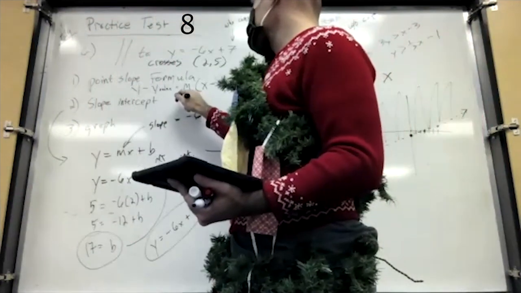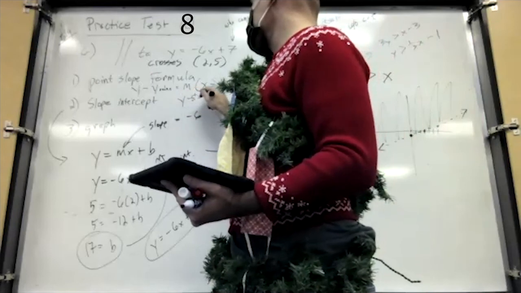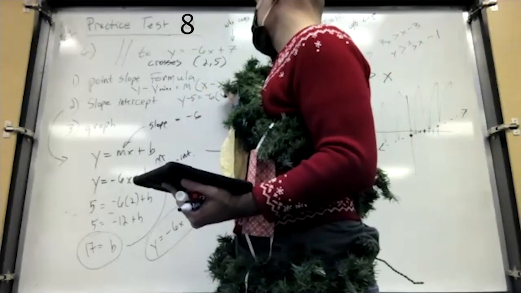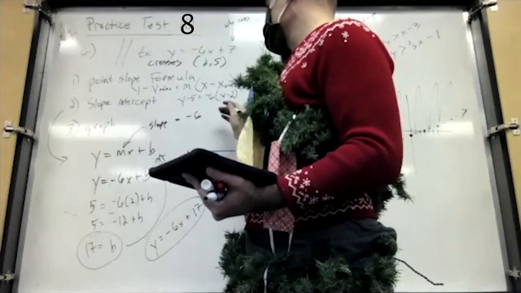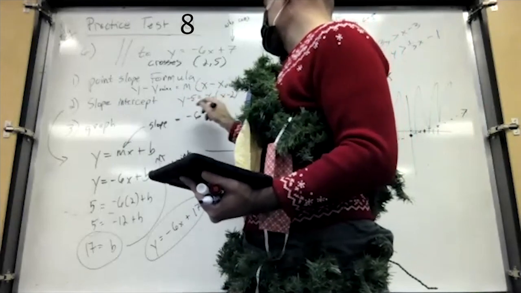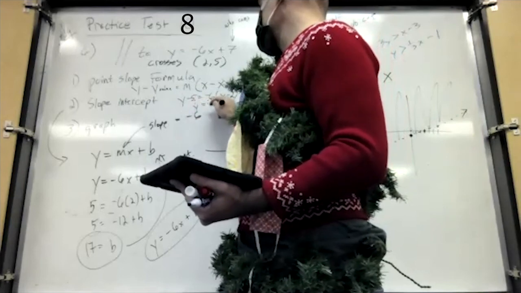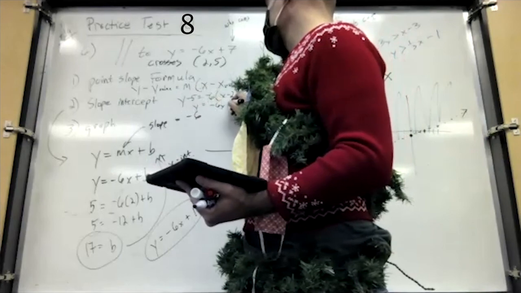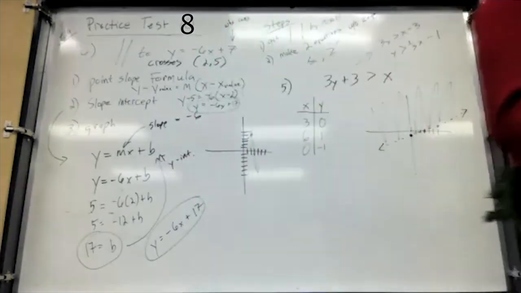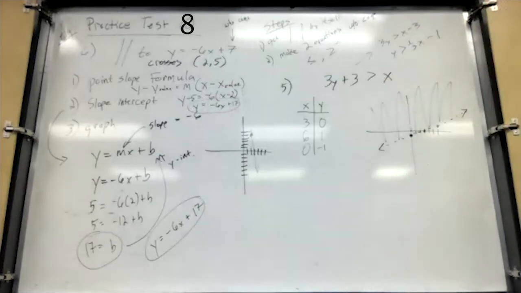If you plug it in, so y minus 5 equals -6 times x minus 2. Distribute that -6, and then get rid of the 5, and you get y equals -6x. 5 added to a 12 would be 17. So that is quicker if you know the formula. Then you just get y by itself.